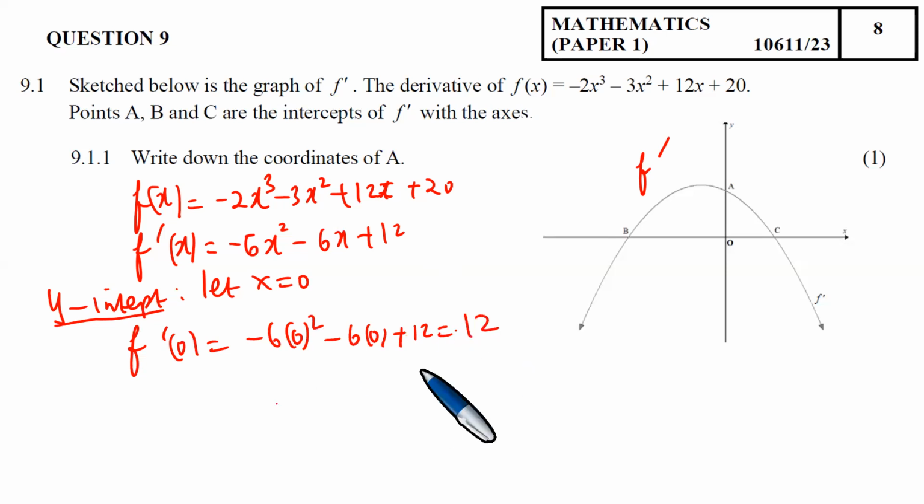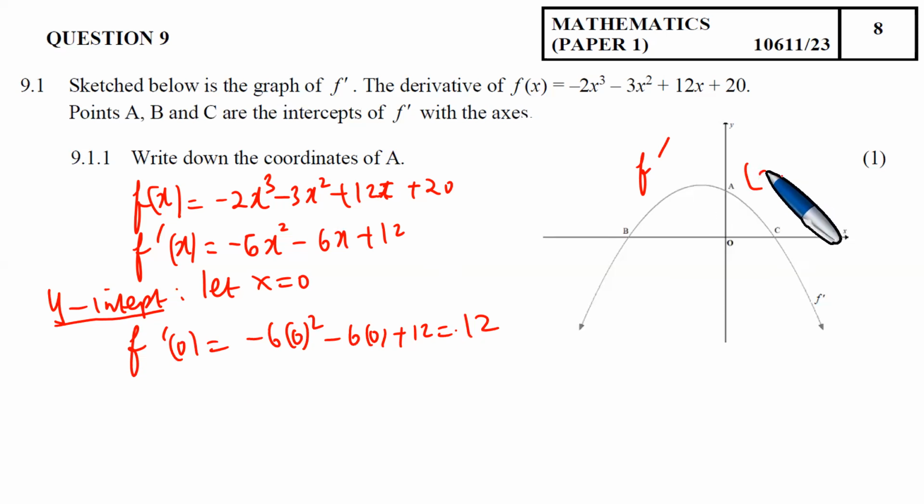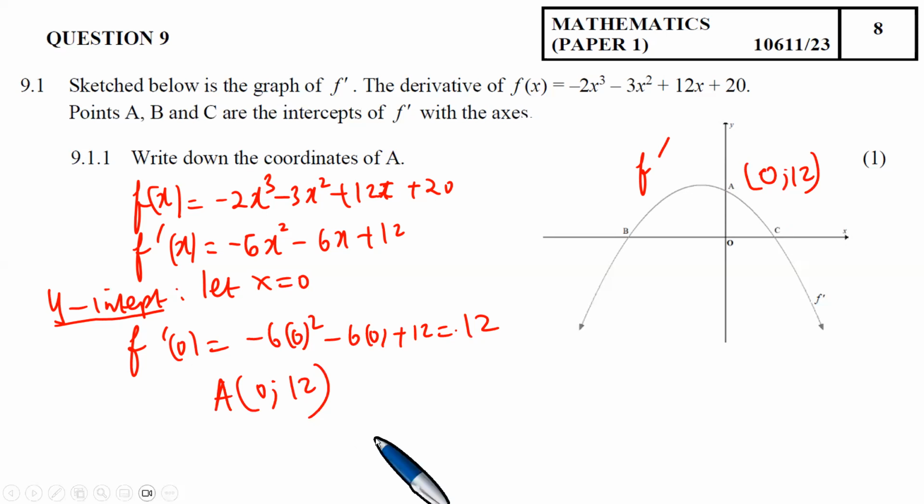The answer is 12. So the coordinates of A are x is 0 and y is 12. So that is the answer.